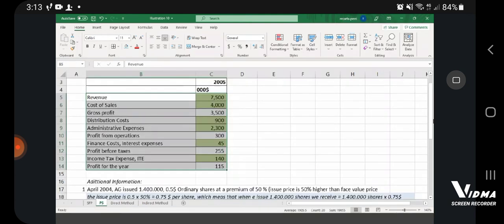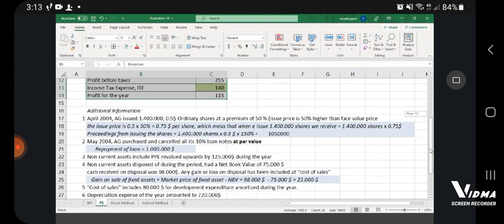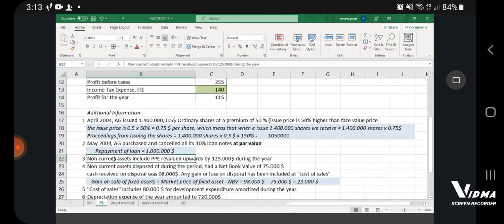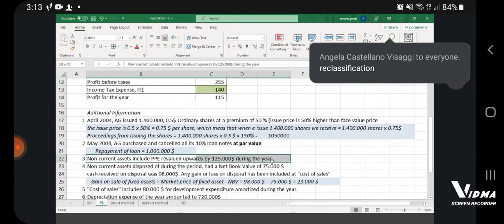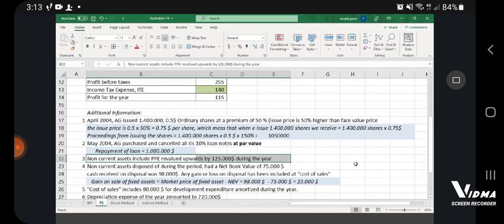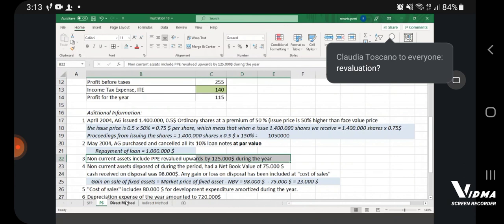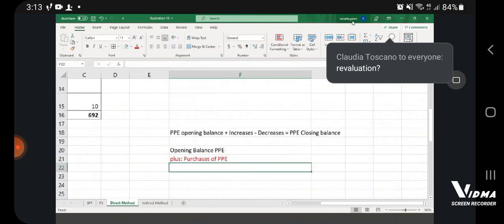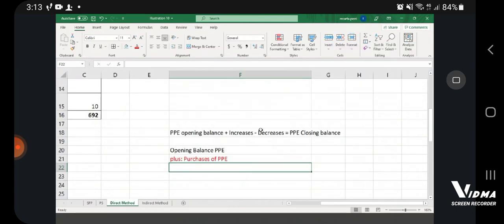Remember our additional information, just not to forget that. Okay, look here. The non-current assets include property, plant and equipment revalued upwards. Okay, so this is another source of increase in the property, plant and equipment. So we say there plus what? Revaluation. That would be another cause, another source of increases in property, plant and equipment.